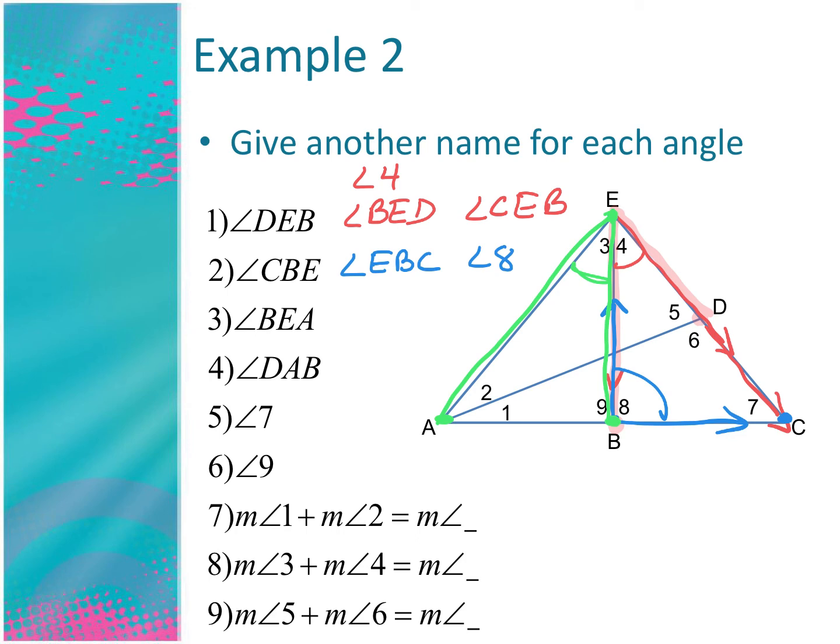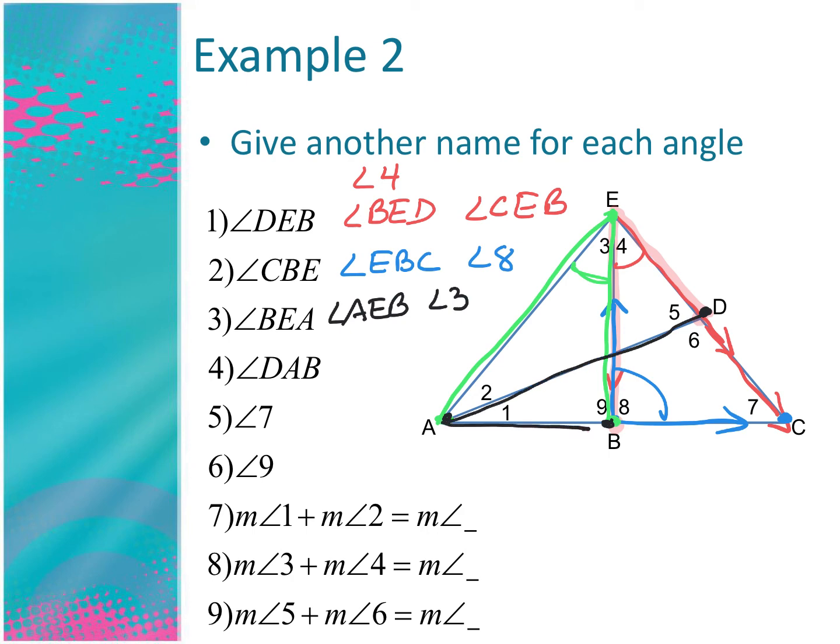So this one, BEA, again, I could reverse the order of the letters. So I could call it AEB. I could also call it angle 3. And that's it on that one. Number 4, DAB. Let me go ahead and trace around that one. So start at D, and then I go to A, and then to B. So in the order.